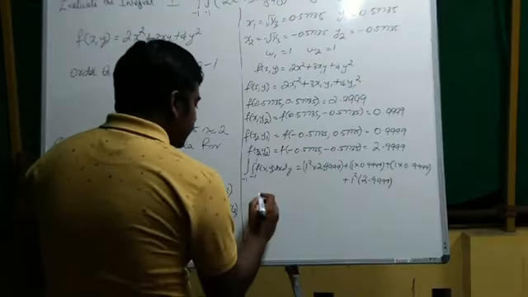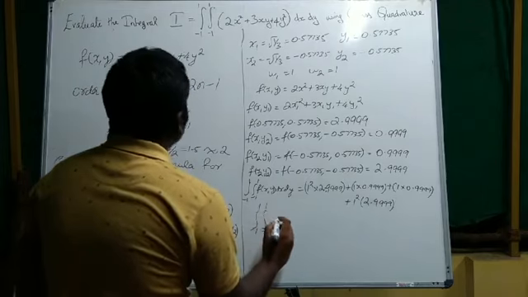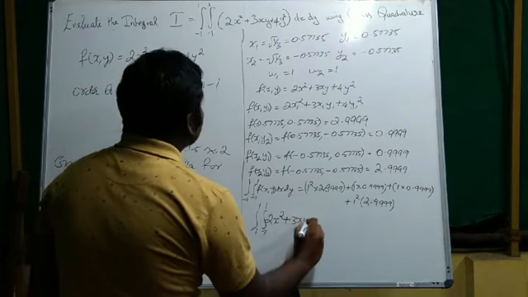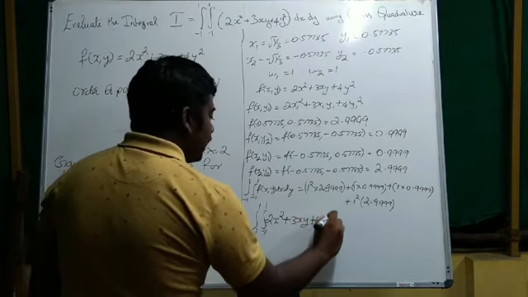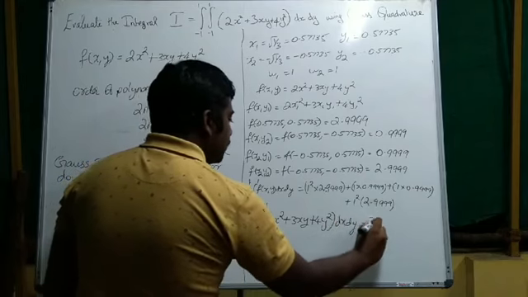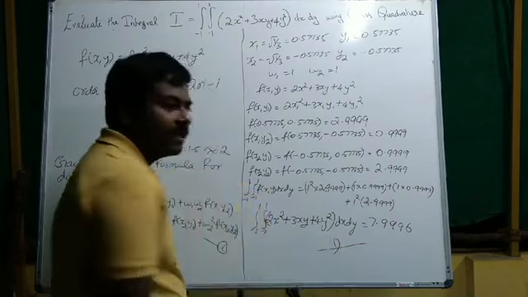So the integral of 2x² + 3xy + 4y² dx dy equals 7.9996. So this is the final answer. Thank you.